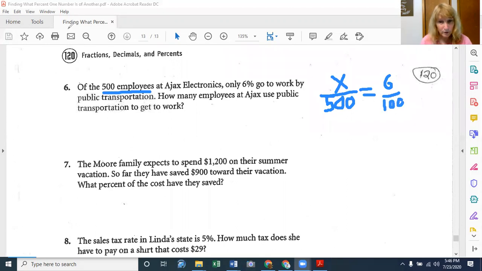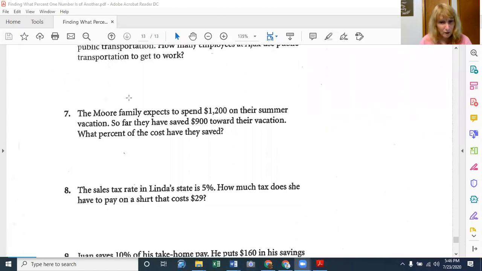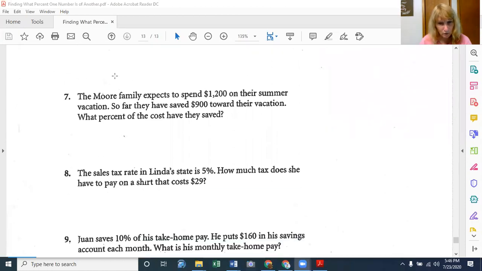So let's look at number 7. Let's clear this. The Moore family expects to spend $1,200 on their summer vacation. So far, they have saved $900 towards their vacation. What percent of the cost have they saved? Okay, now this one is looking for percent. So you do part over whole equals P over 100.